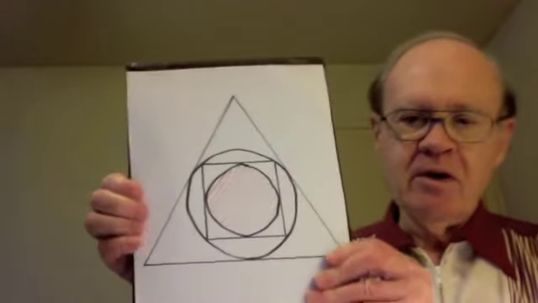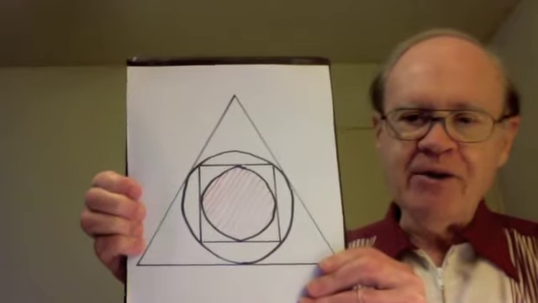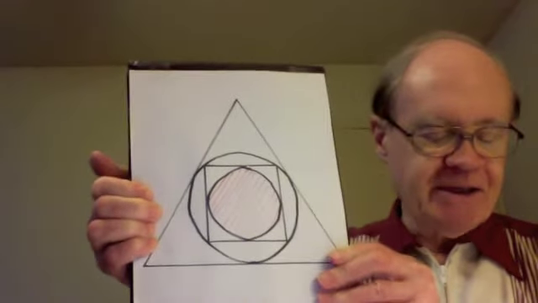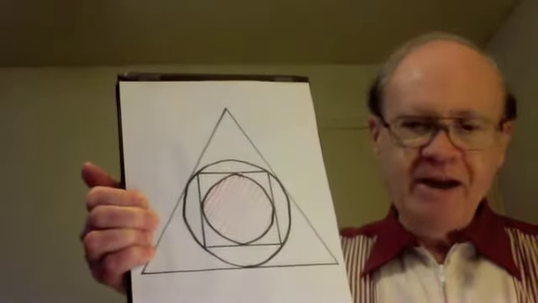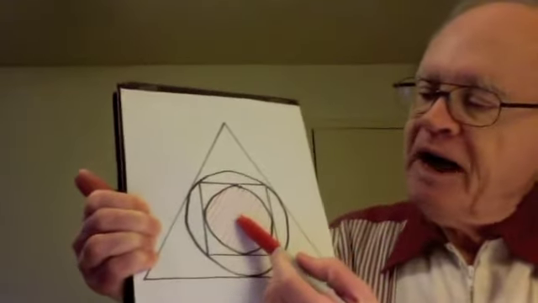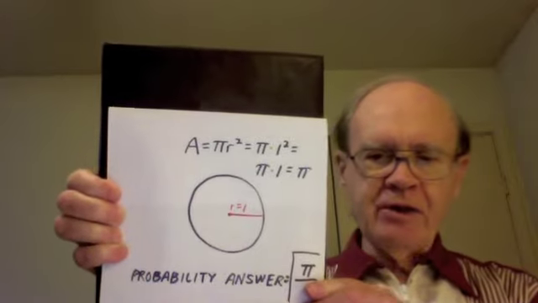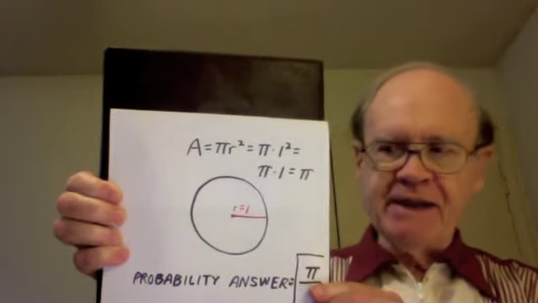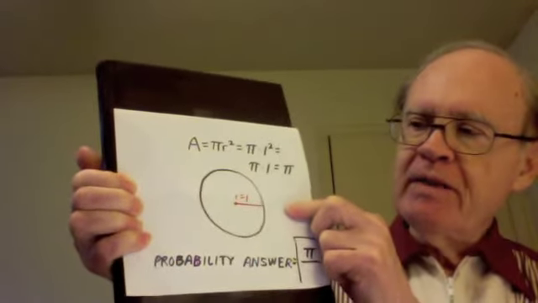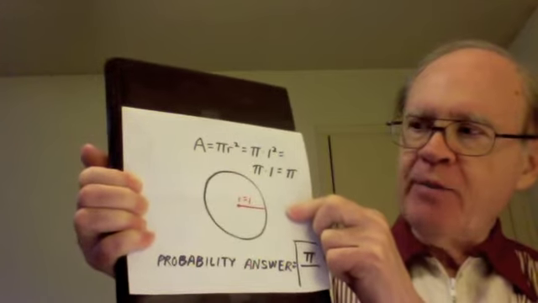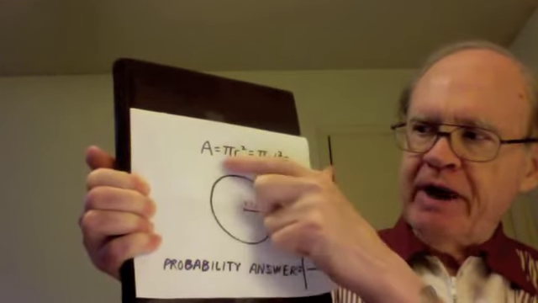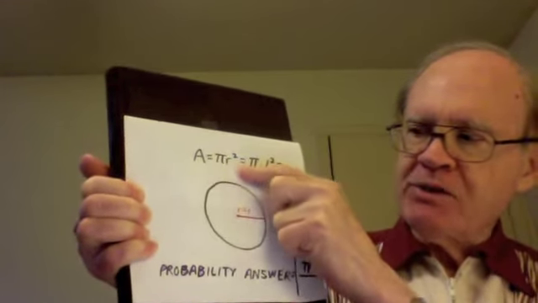There are a bunch of ways to work this. The simplest way I know is to designate the radius of the inner circle as length 1. Now that inner circle, having radius designated as 1 unit, has an area found by the formula for the area of a circle. Area equals pi times the radius squared.